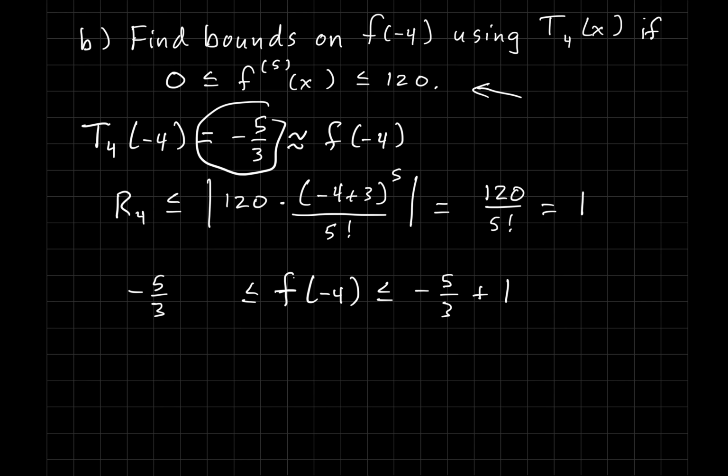But it's greater than negative 5/3 minus my error, because the error is the most I can be away from the actual answer, which tells me that f of negative 4 must be somewhere between negative 8/3 and negative 2/3.